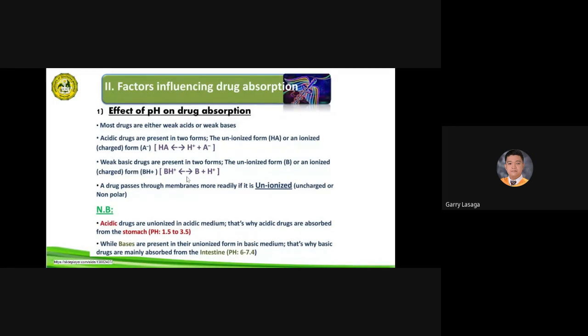So this part here, the BH, again represents the ionized form of the weak basic drug, or it is also known as the conjugate acid. A conjugate acid is formed when a proton is added to a base. In this case, the proton refers to the hydrogen ion.